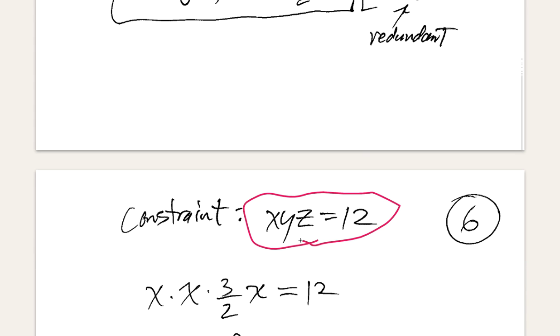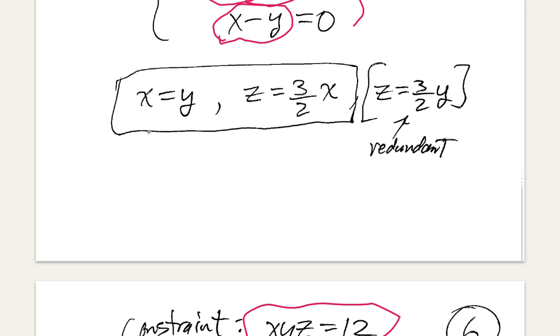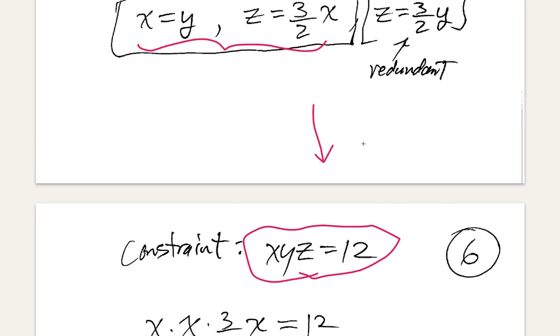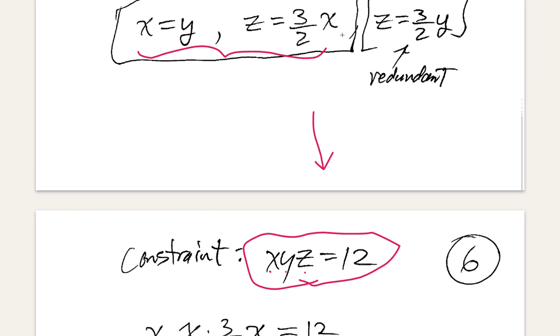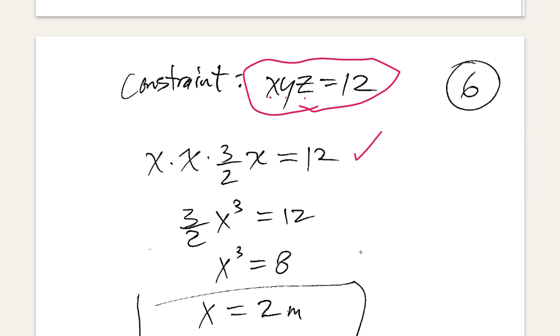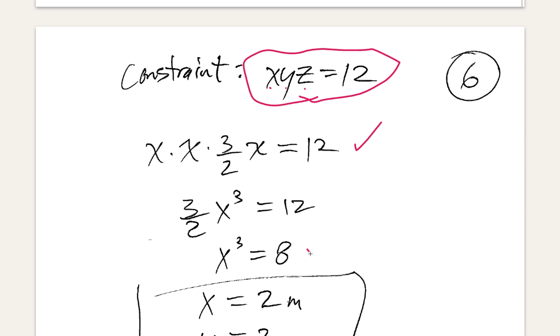So now I have these 2, which are acting like constraints, and then I've got my original constraint. So x is equal to y. I wrote everything in terms of x: x is equal to x, obviously, y is equal to x, and z equals 3/2 x. I put those all together, and I've got a single equation and a single unknown, and it turns out that x is 2.